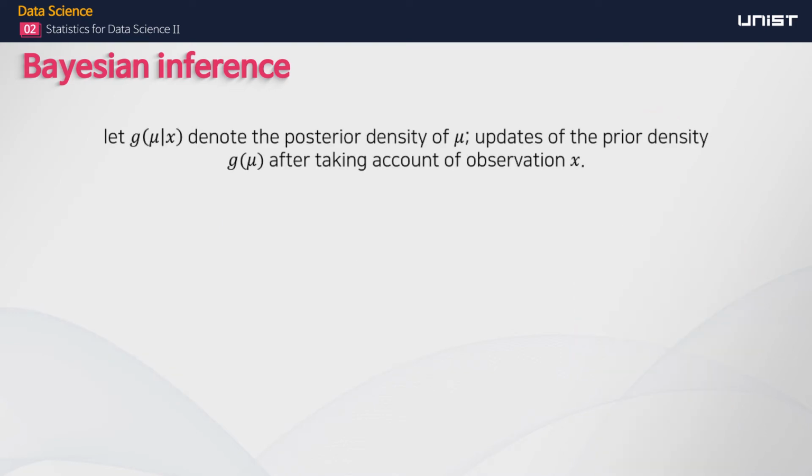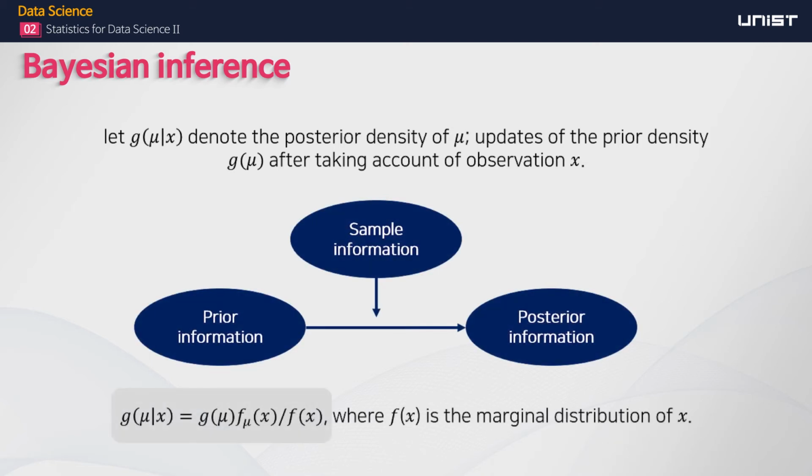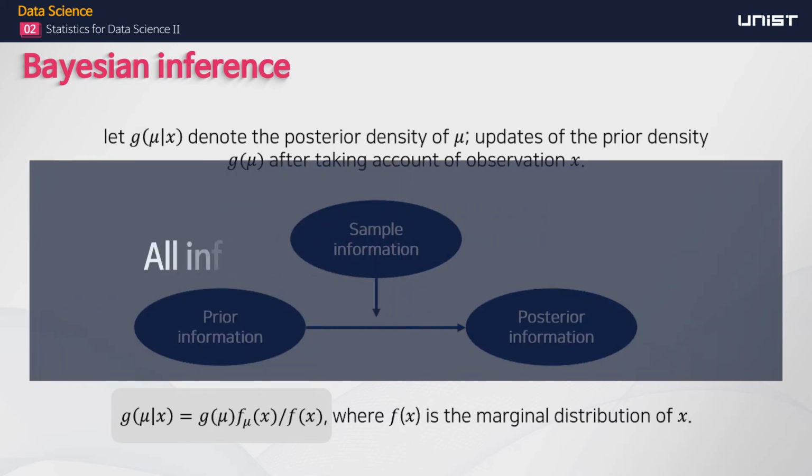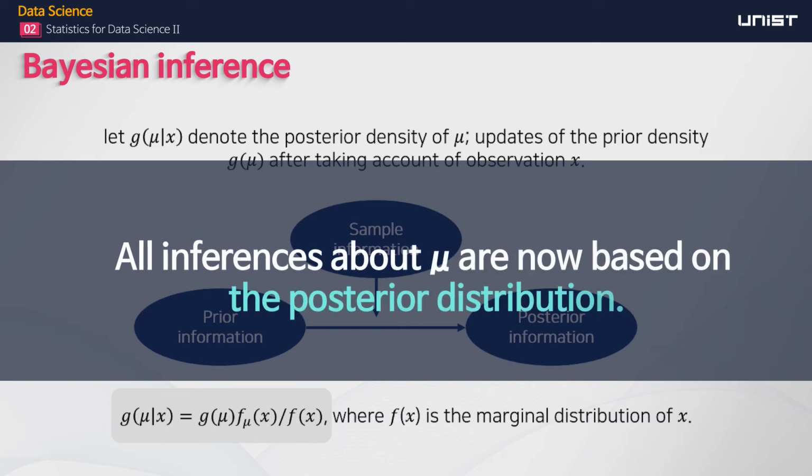The Bayesian paradigm prescribes that the sample information be combined with the prior information using Bayes' rule to obtain the posterior distribution, which is an update of the prior density g of mu after taking account of observation x. All inferences about mu are now based on the posterior distribution.